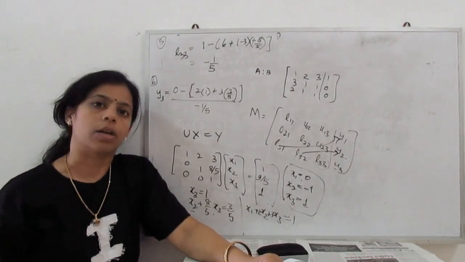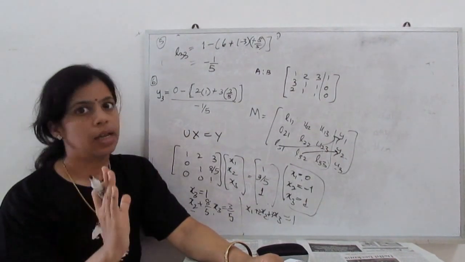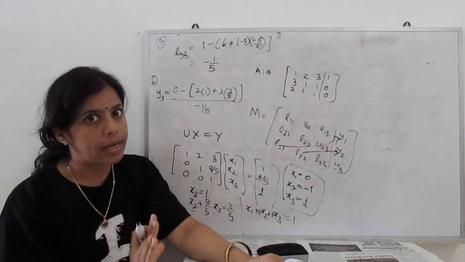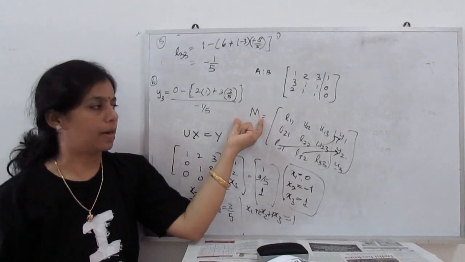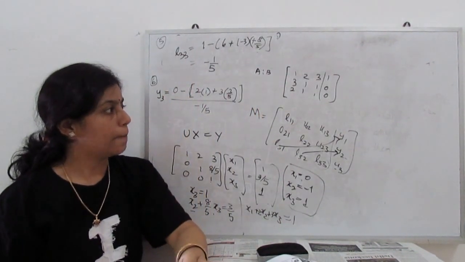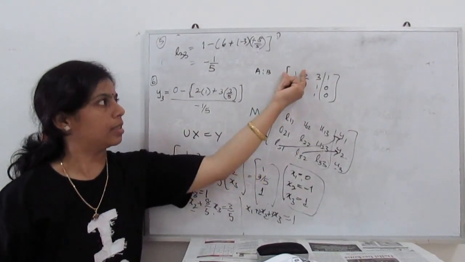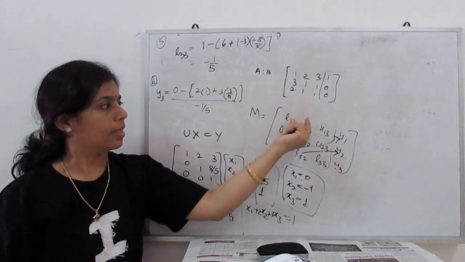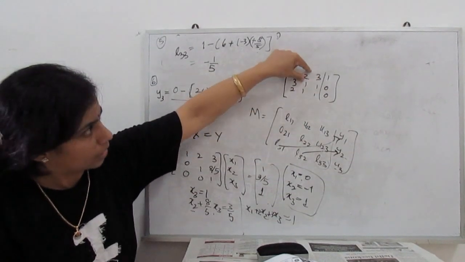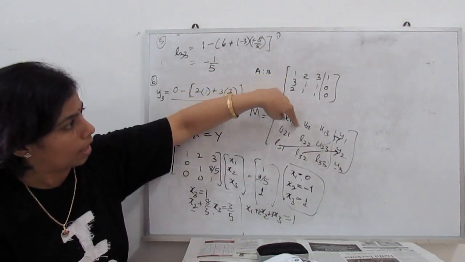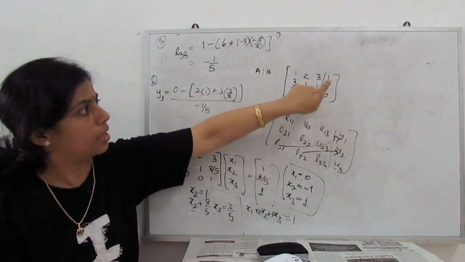Hence, this is our Crout's method. If you go systematically, step by step, then you will easily calculate all the new elements of the auxiliary matrix. The system is very easy. The first column is as it is, then the remaining first row: this element divided by L11, this element divided by L11, this element divided by L11.